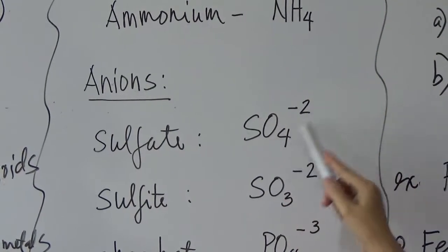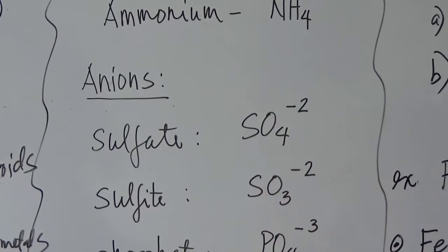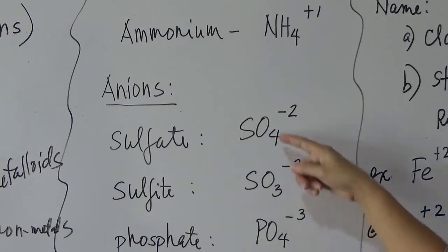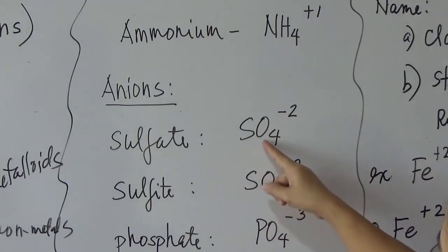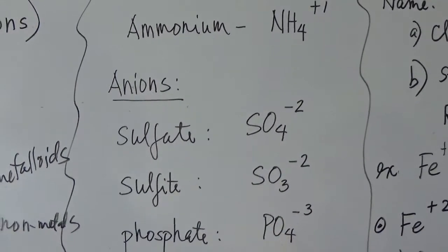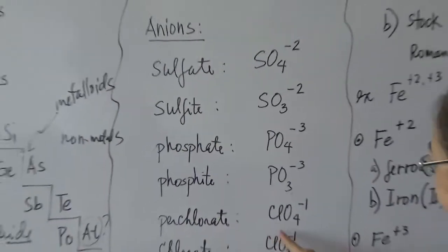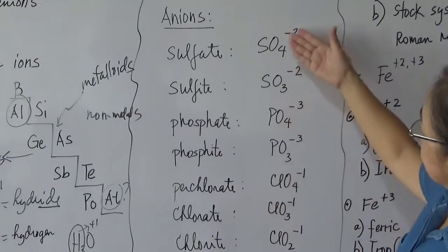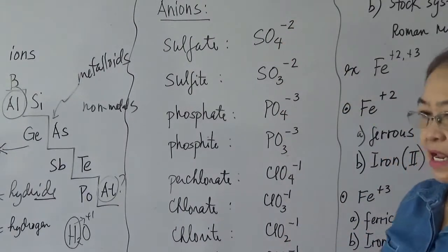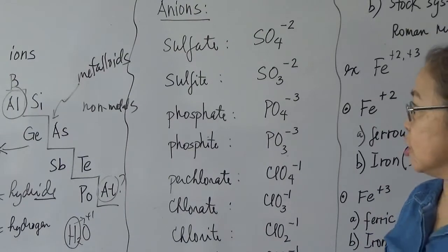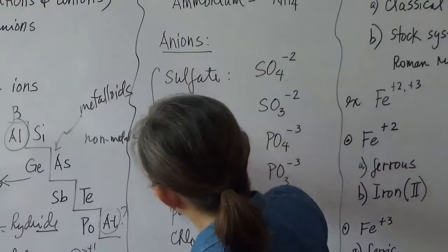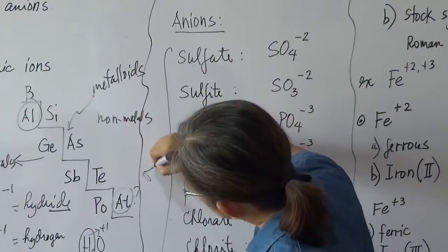If the polyatomic anion has oxygen as one of its elements, take note: sulfate, sulfur and oxygen; sulfite, sulfur and oxygen; phosphate, phosphorus and oxygen; perchlorate or chlorate, chlorine and oxygen. If one of the elements of the polyatomic ion is oxygen, they are termed oxyanions.